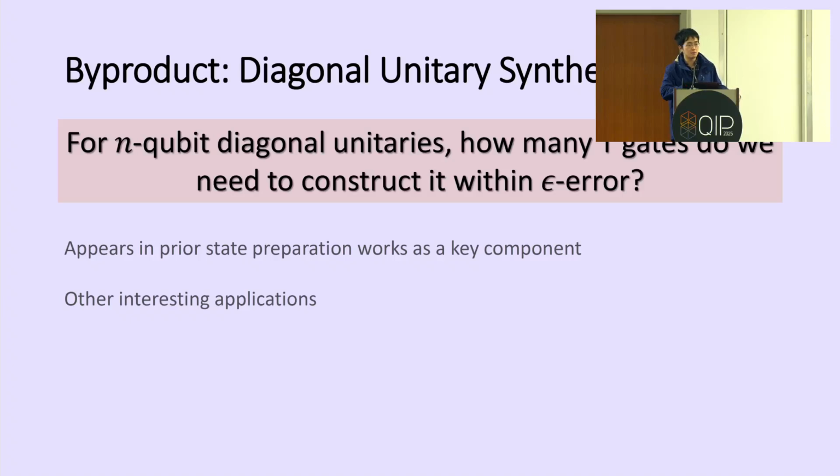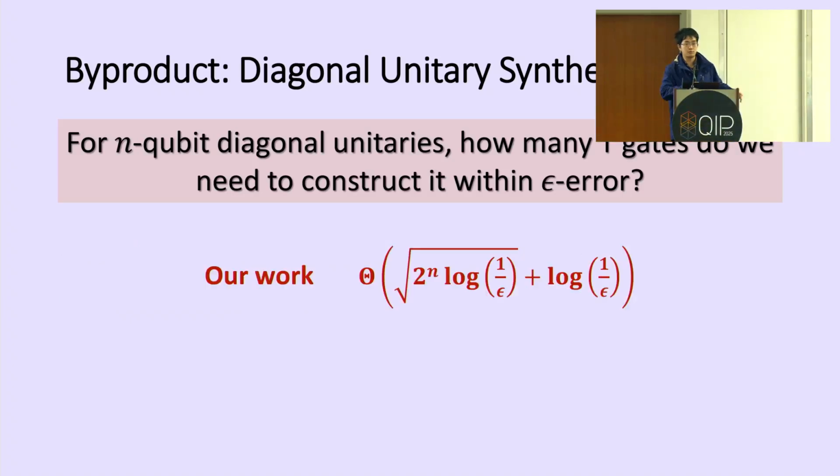This appears in prior works as a key component for state preparation, and there are some other interesting applications that I'm going to show you. Perhaps not surprisingly, this bound is the same as state preparation, because you can intuitively view a diagonal unitary as putting the state on the diagonal. So they have the same degrees of freedom, and you expect the same T count.